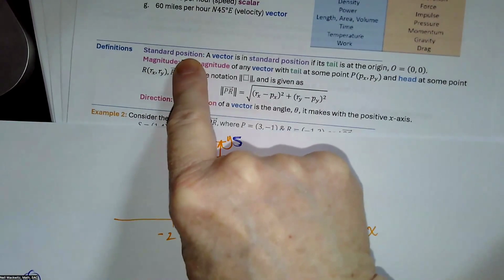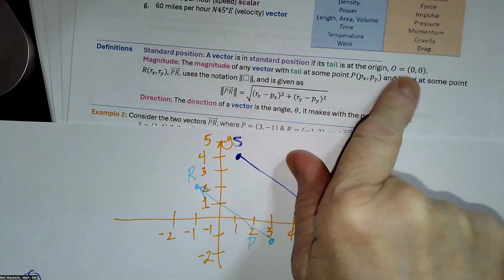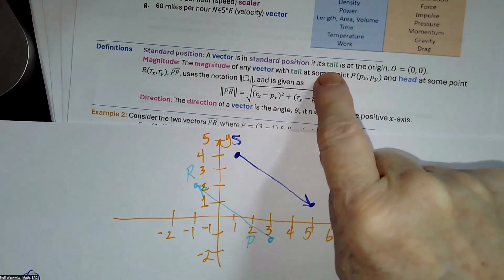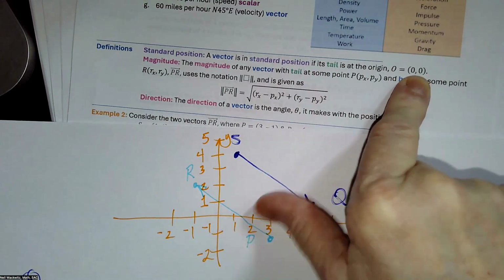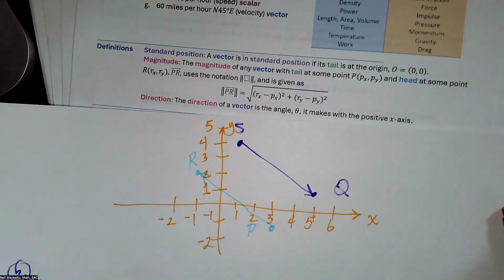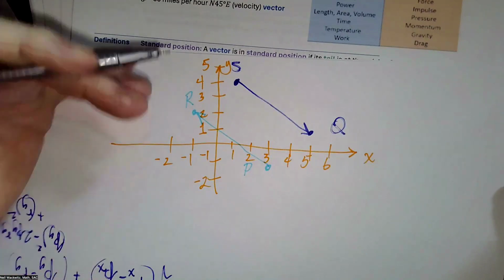So standard position means that, I think I said it, but I didn't really say it much. If the tail is at the origin, then the vector is in standard position. And that allows us to take two vectors that look different, but we think maybe describe the same thing. This allows us to move them to the same place.